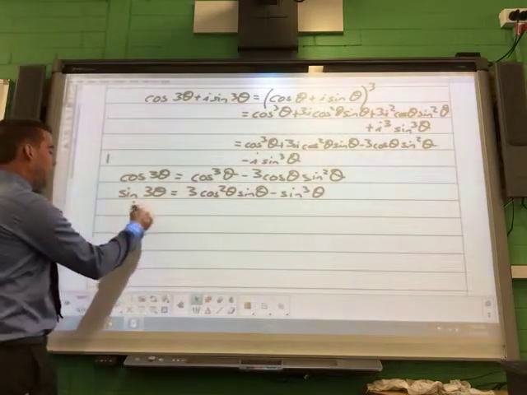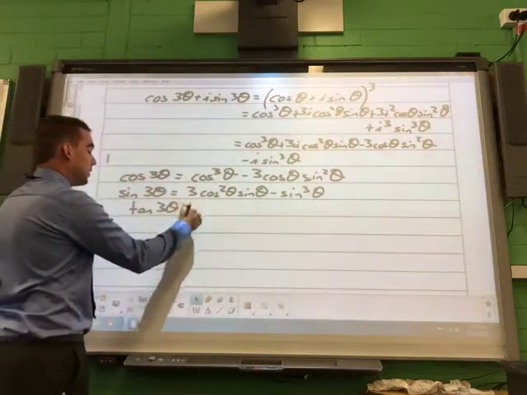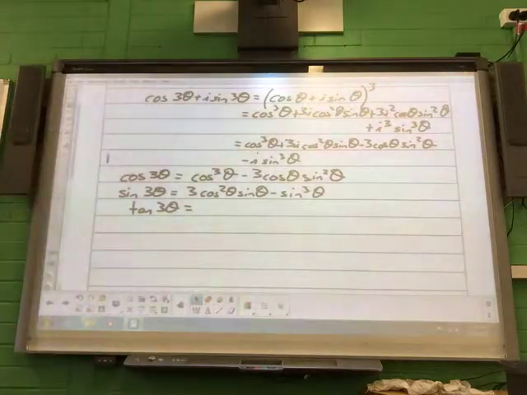So tan of 3 theta. What's my first line here? What did I do last time?